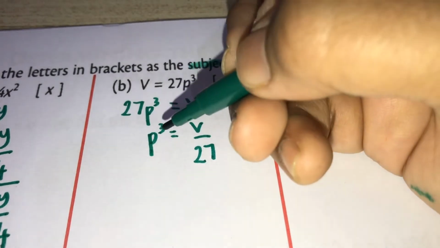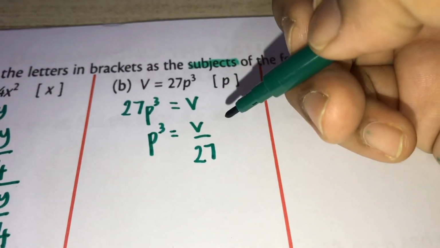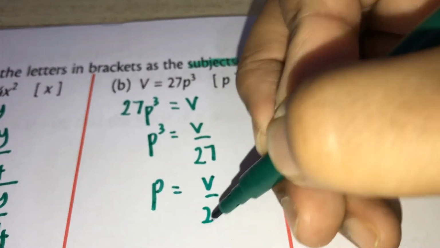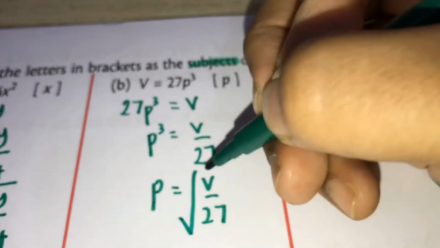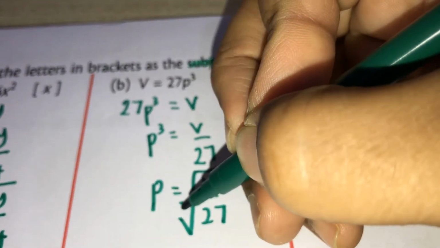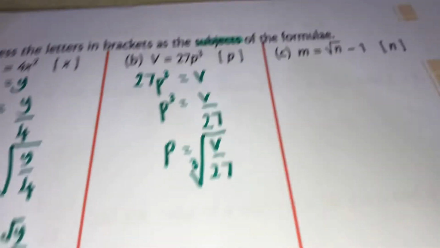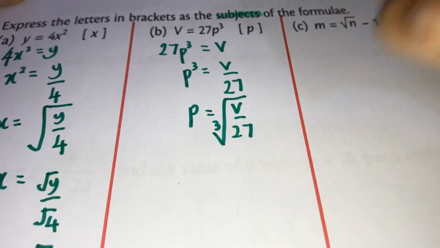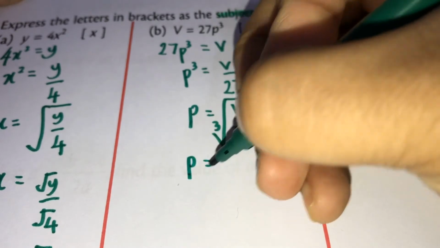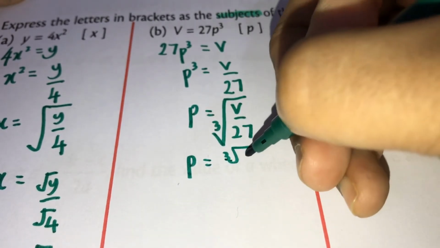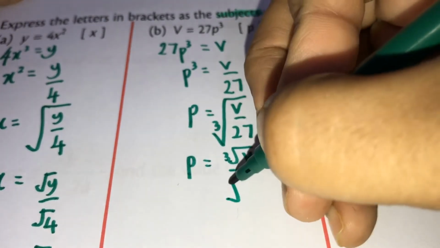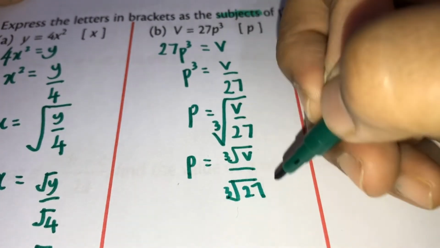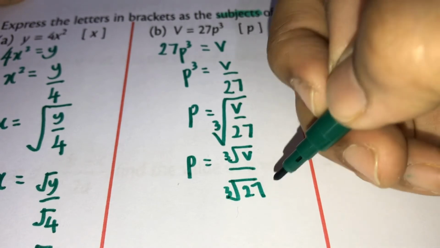Now here is cube, move to the right, becomes cube root. Cube root of v over 27. Because here cube, move to the right, becomes cube root. Now you can write separately like this: cube root v over cube root 27. You know that cube root 27 equal to 3.